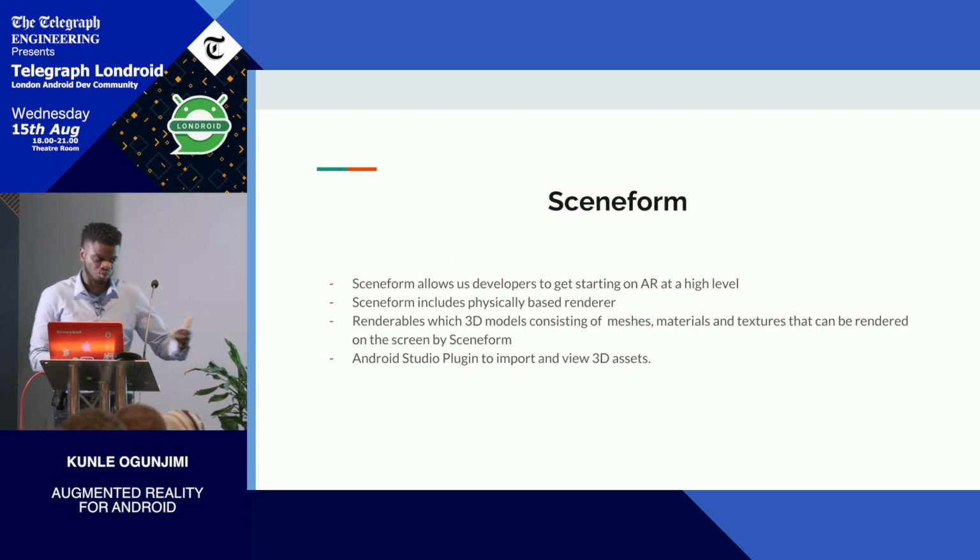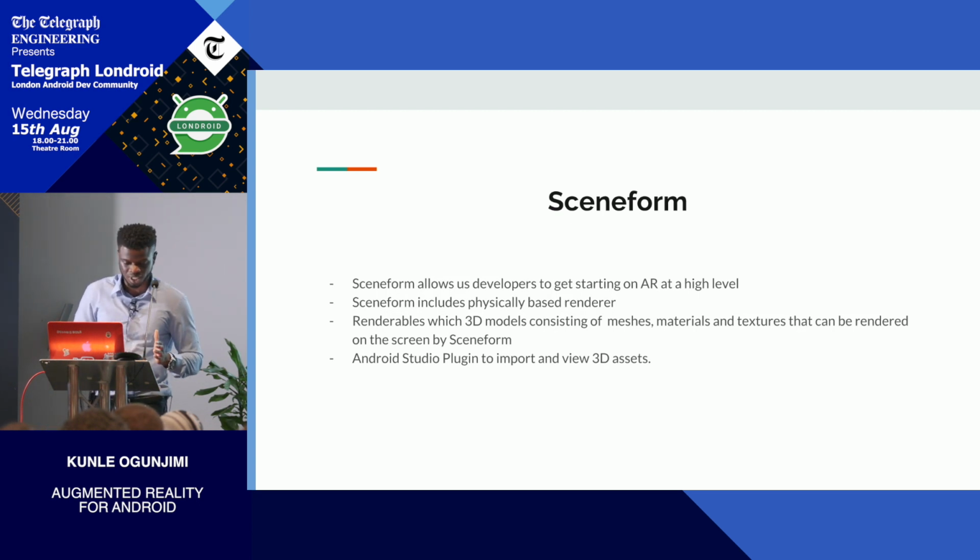And again, Sceneform also covers up the OpenGL in such a high-level way that you can get started in augmented reality knowing the basics of OpenGL without knowing the whole thing.